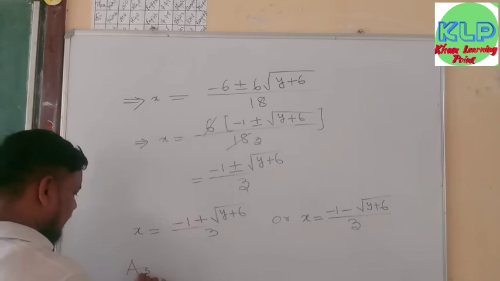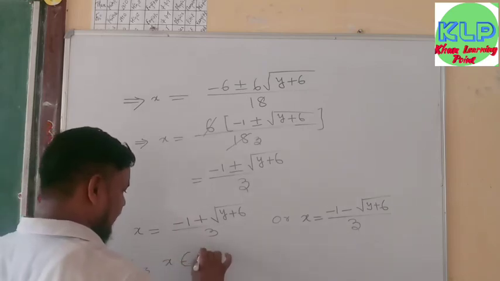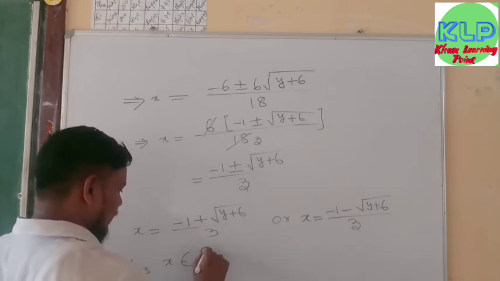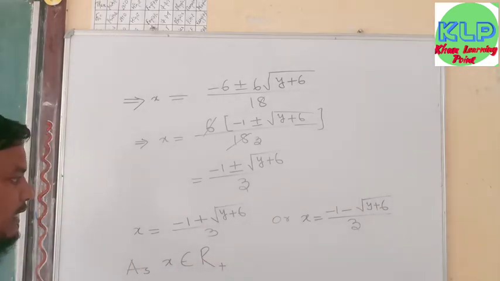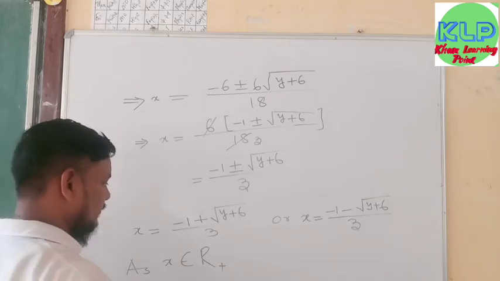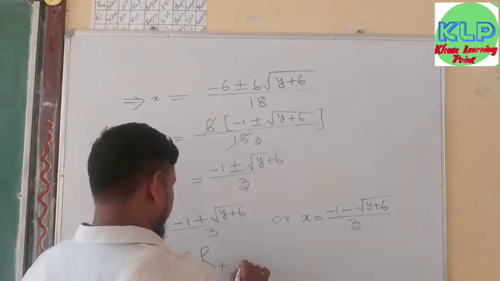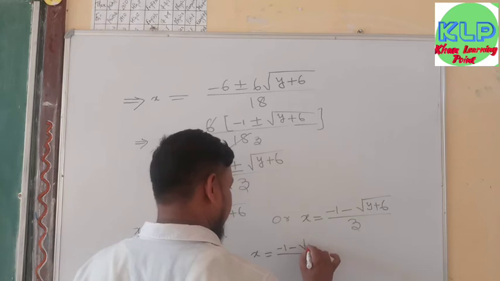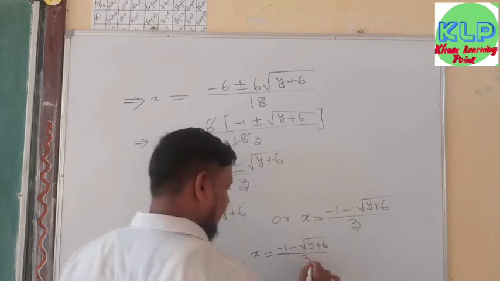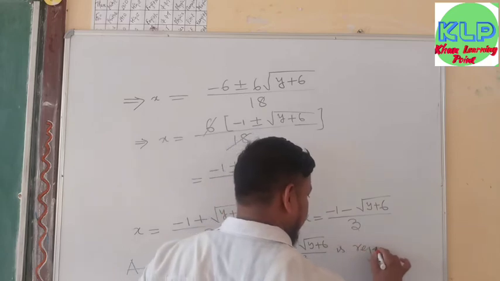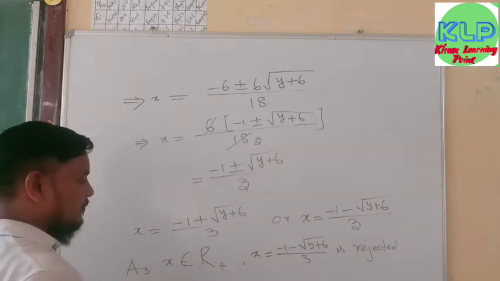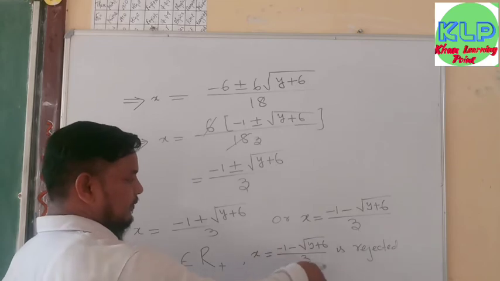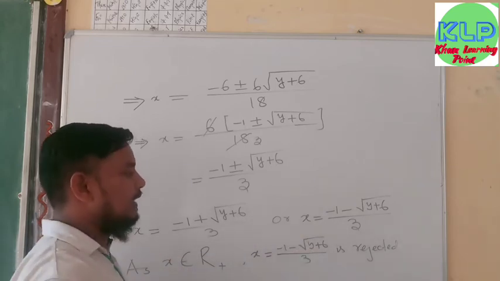Now as x belongs to R positive, x is equal to minus 1 minus root of y plus 6 divided by 3 is rejected, because x is a positive real number, but here both the terms are negative, therefore it is a negative real number, therefore it is rejected.